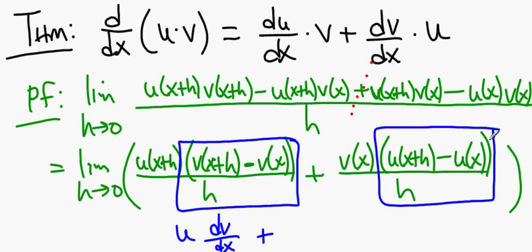Well, as h approaches 0, that is du dx. And this is unaffected by h going to 0. So I have u dv dx, just like here, and v du dx, just like here.